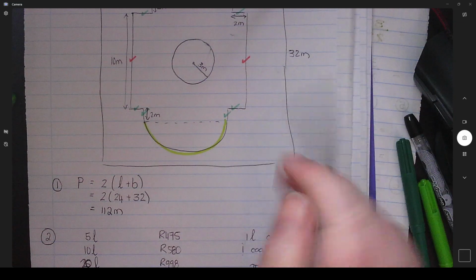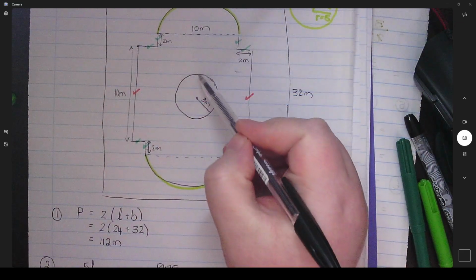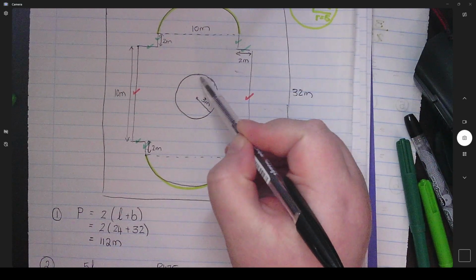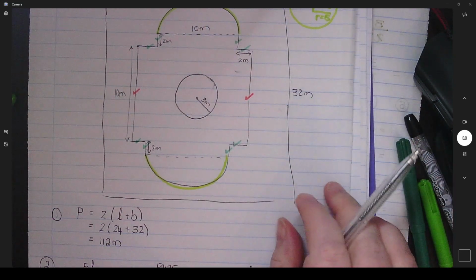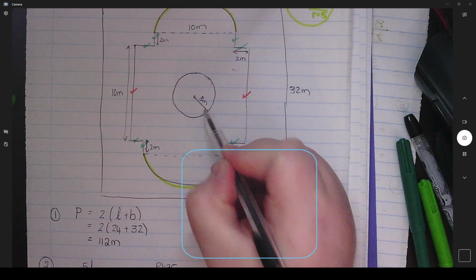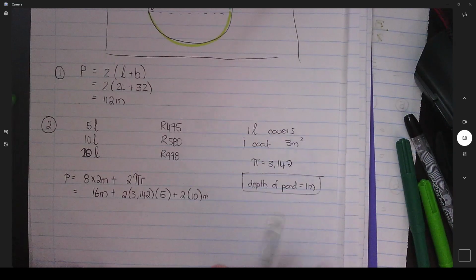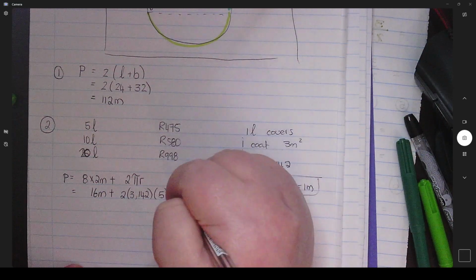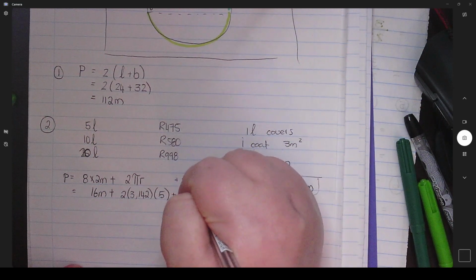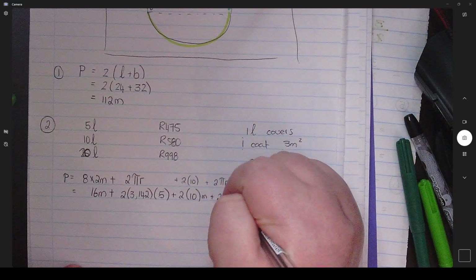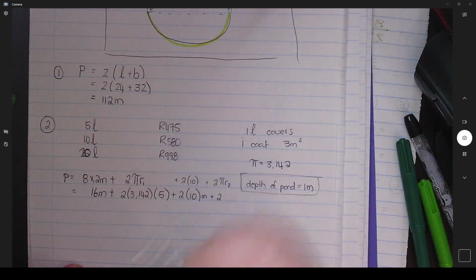Now that's for the outside perimeter. I am assuming that we also need to paint this interior wall here, which is again the circumference of a circle, but in this case the radius is 3. So it's again 2 times pi times r, the second circle and the first circle.